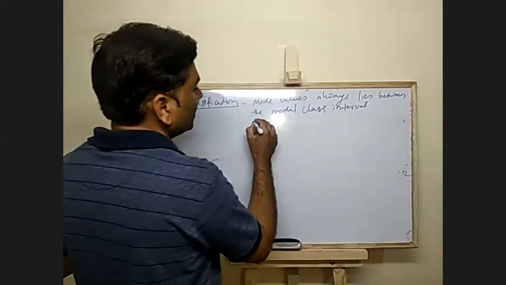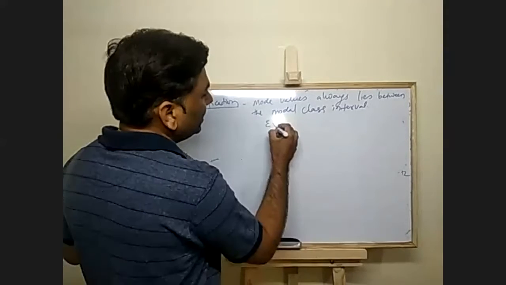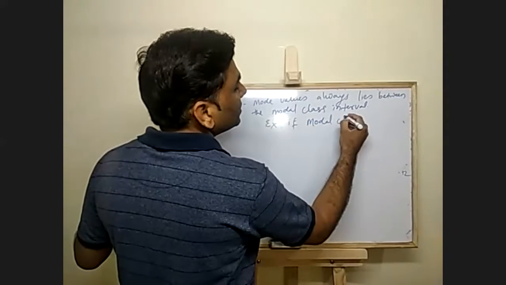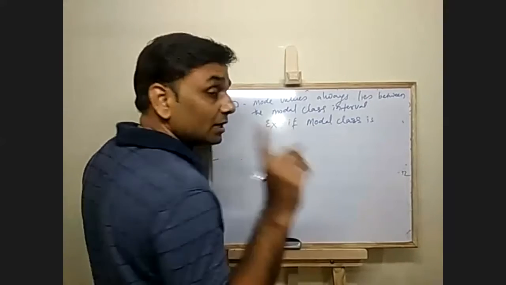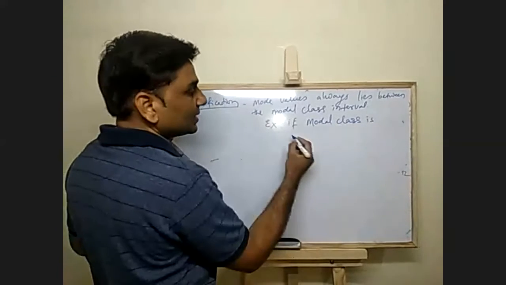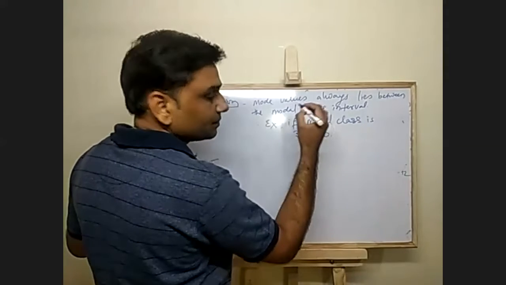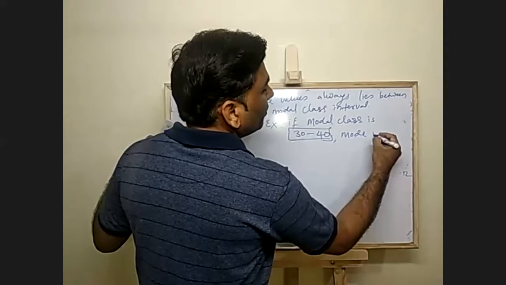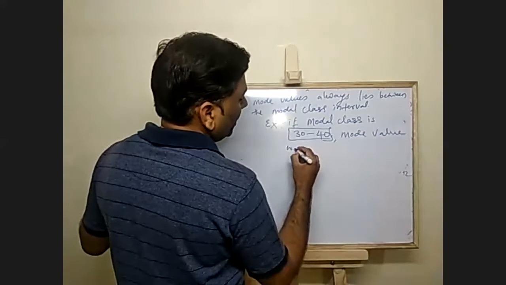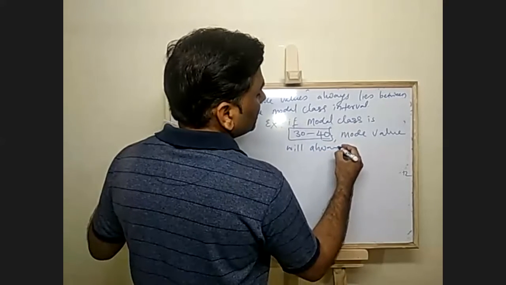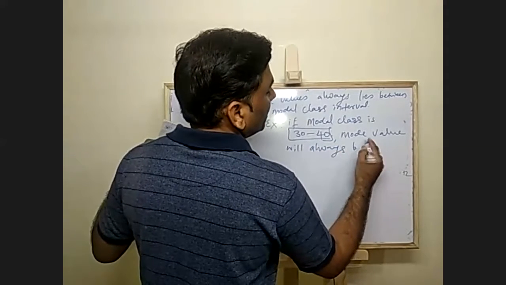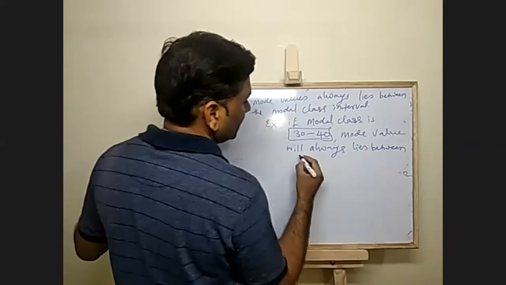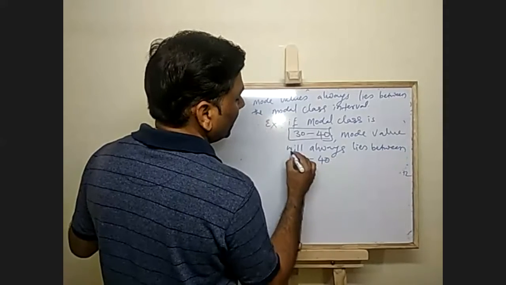For example, when the modal class is 30 to 40, the mode value will always lie between 30 to 40.